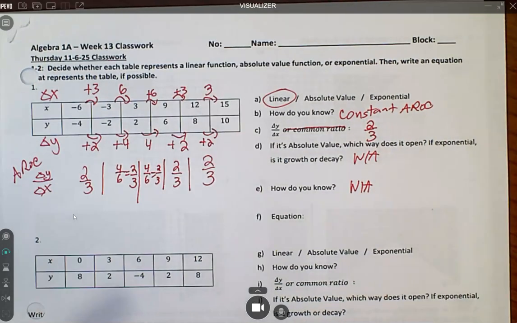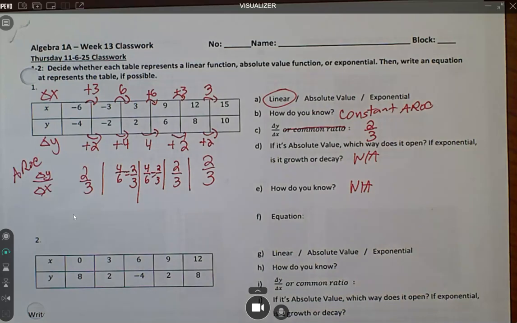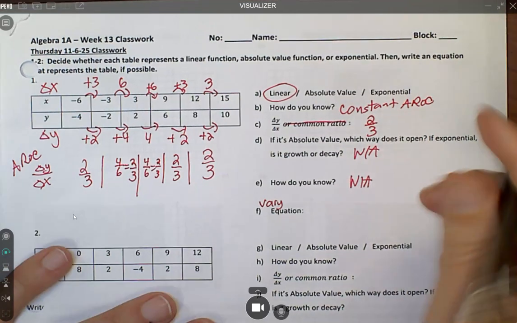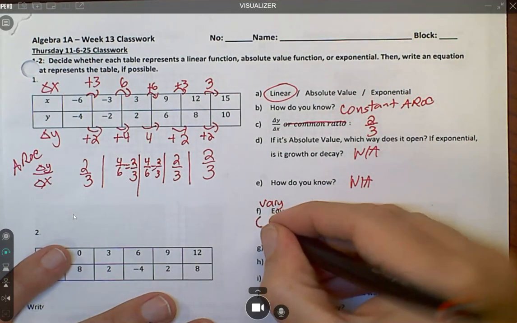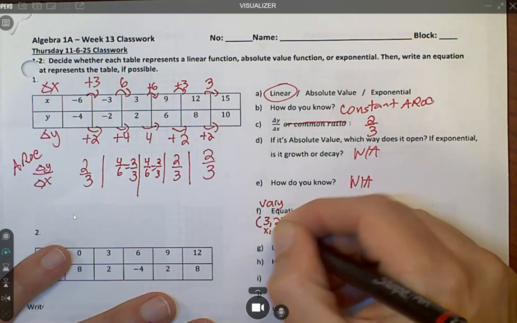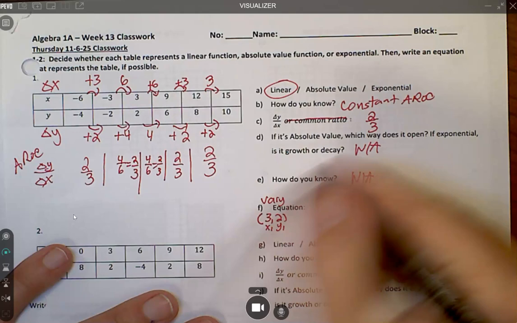Okay, this is where we could use any possible point. So like through equations, this is going to vary. But if you don't know how to do it, just pick an ordered pair. That's x1, y1. We know m's 2/3.